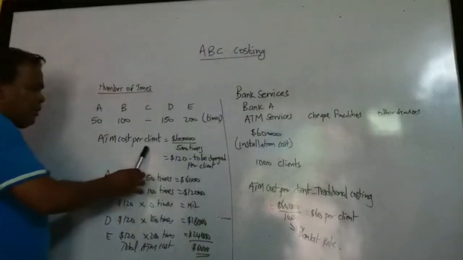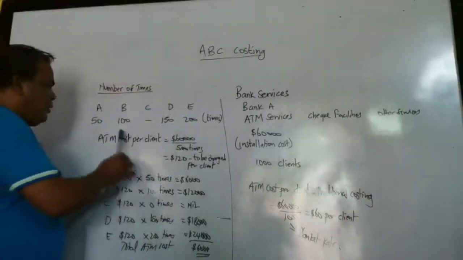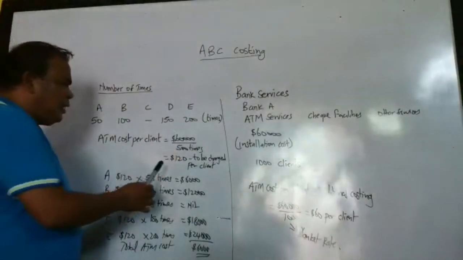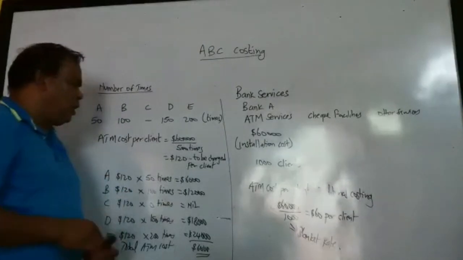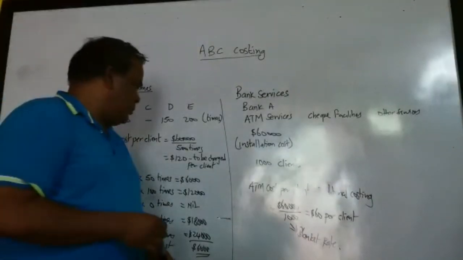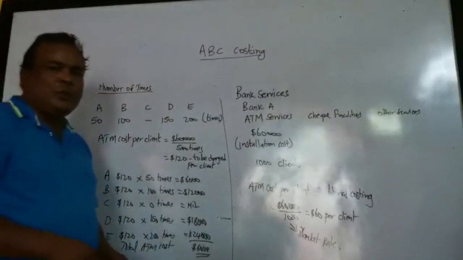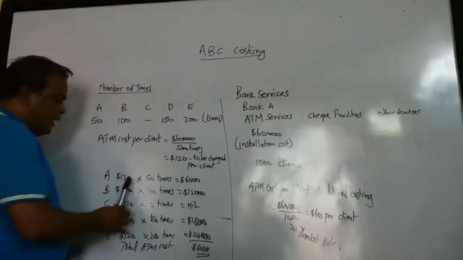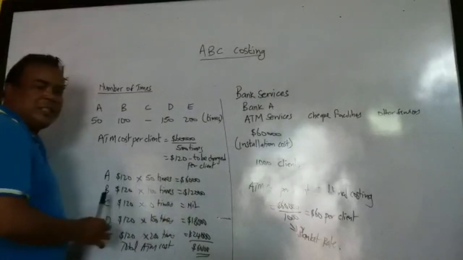So ATM cost per client will be $60,000 divided by the total number of times the clients have used the ATM, 500 times in total. So $120 will be charged per use. A is using the ATM 50 times, so A will be charged 120 times 50, $6,000.